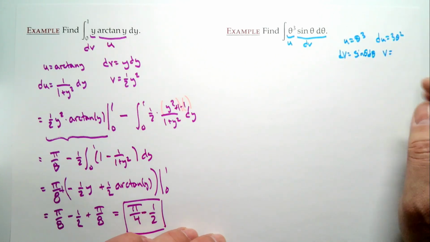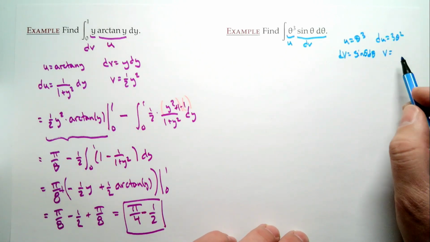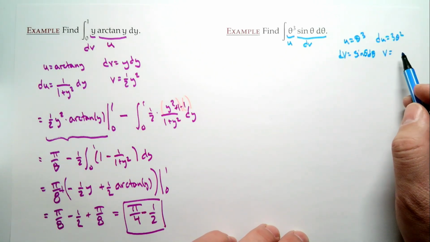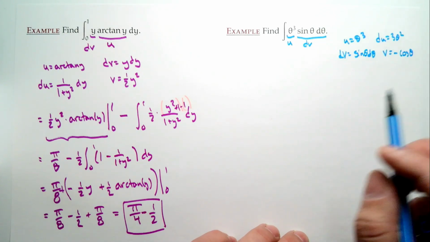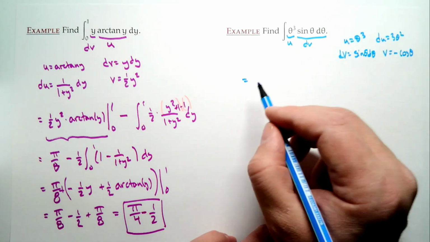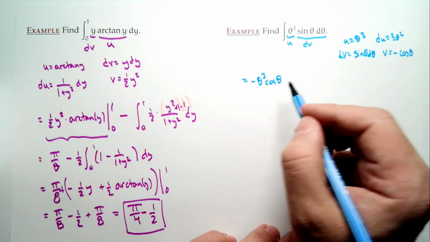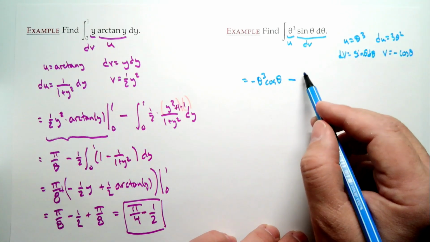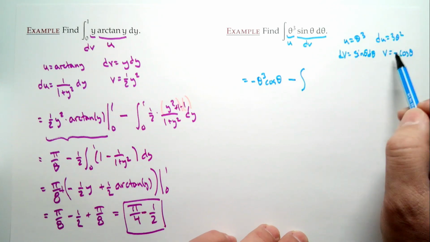What's the integral of sine? Is it positive cosine or negative cosine? Negative cosine, yeah. All right, so this is u times v, so minus theta cubed cosine theta minus the integral of v du.